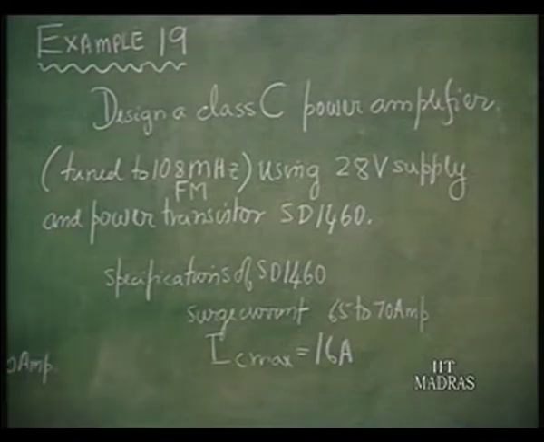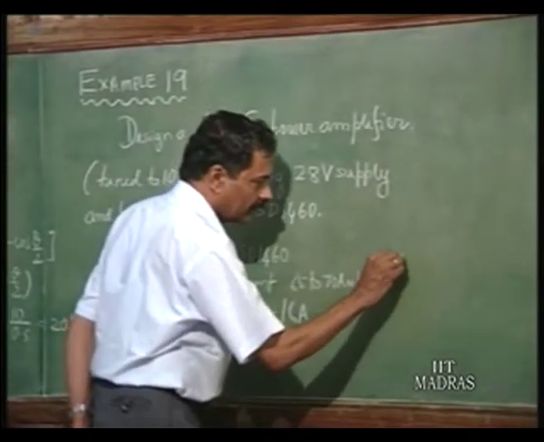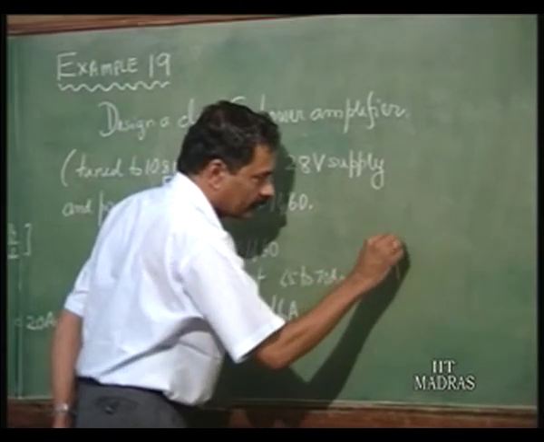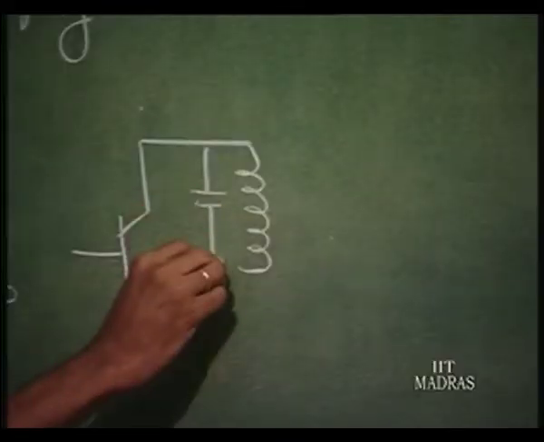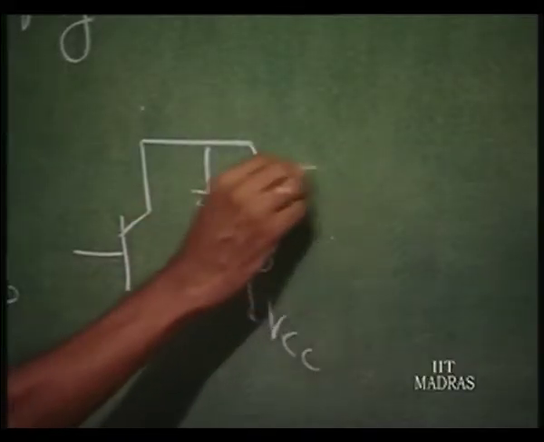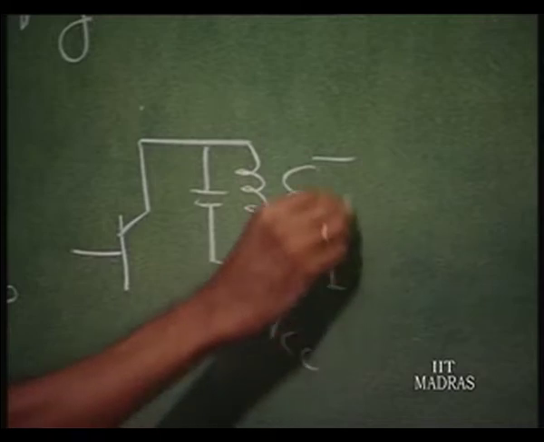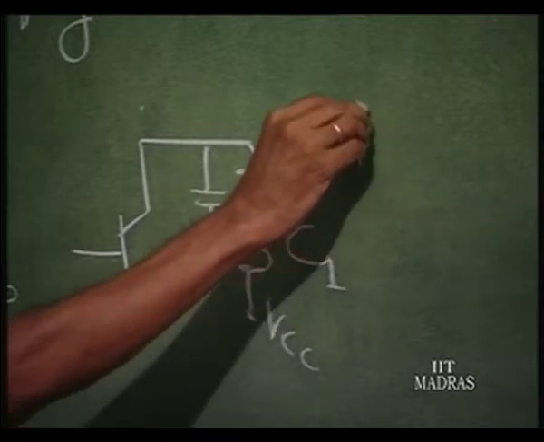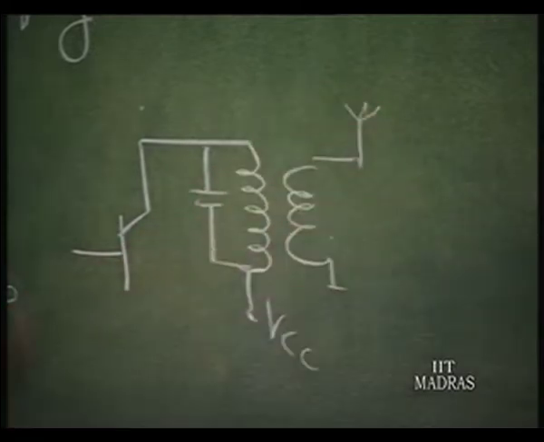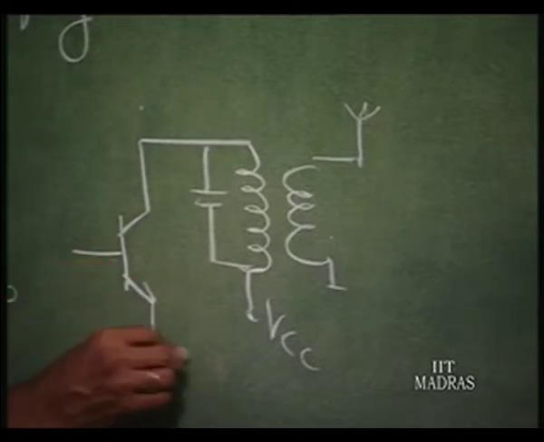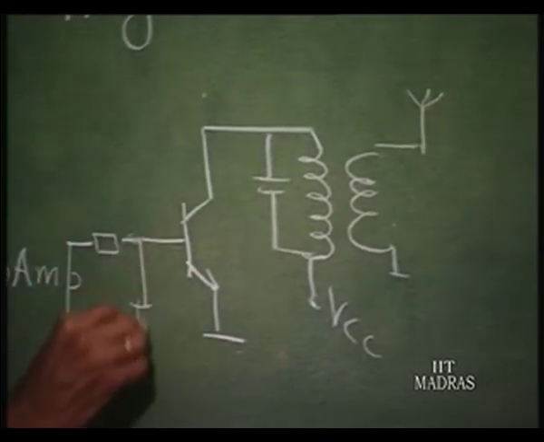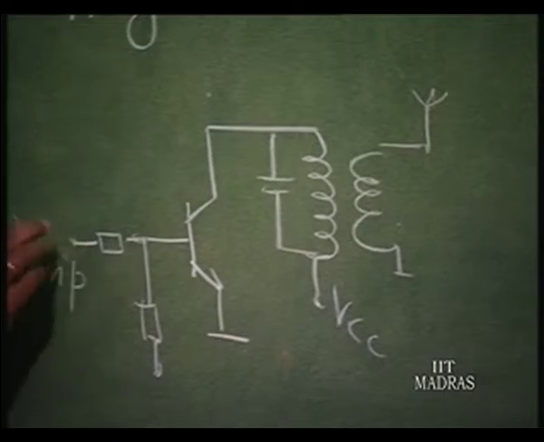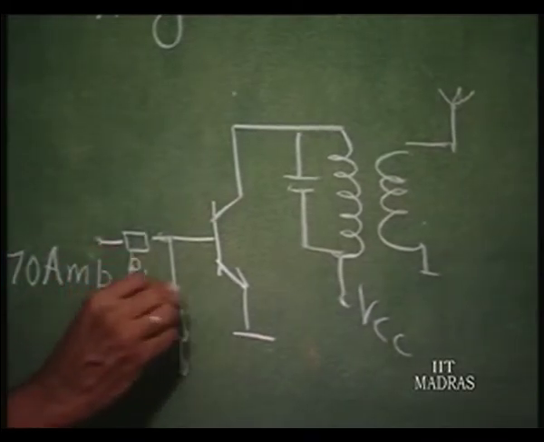So, what is important here is the supply voltage and IC max in our design. Let us see. We just said this shall be a transistor with a tuned circuit, this might really go to the antenna like that. So, we have here now an arrangement, let us say, to bias it so that it will work with certain amount of conduction angle.